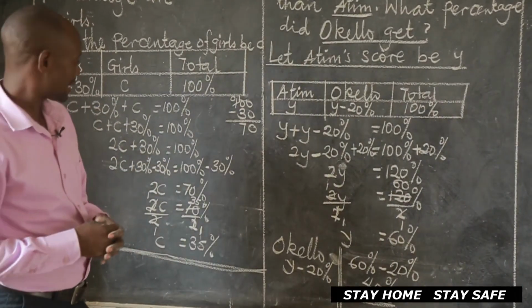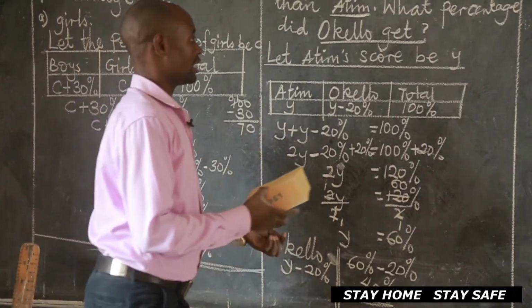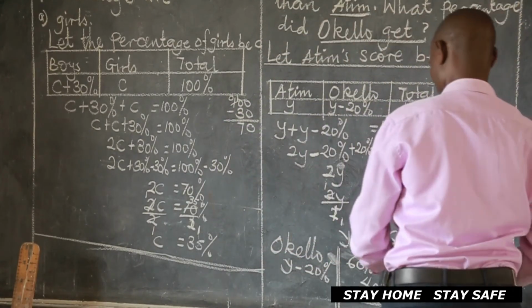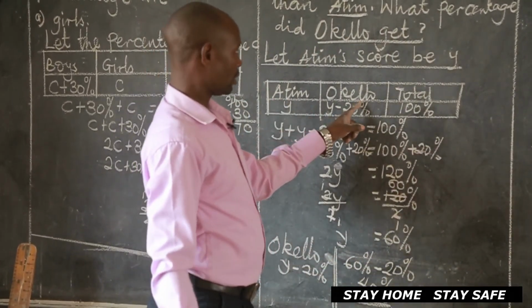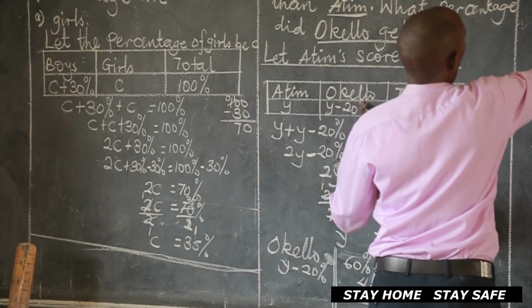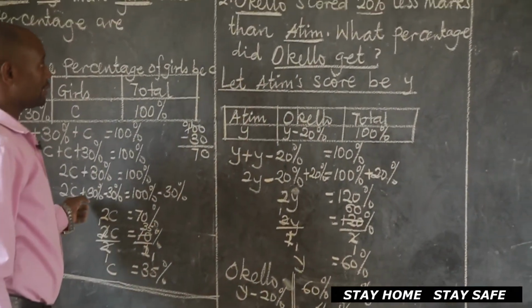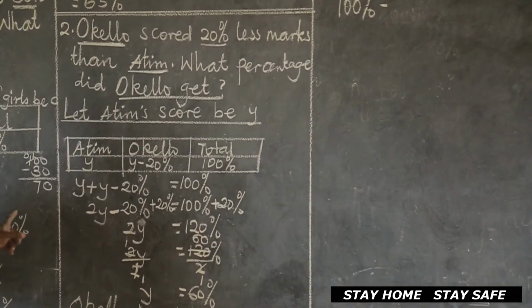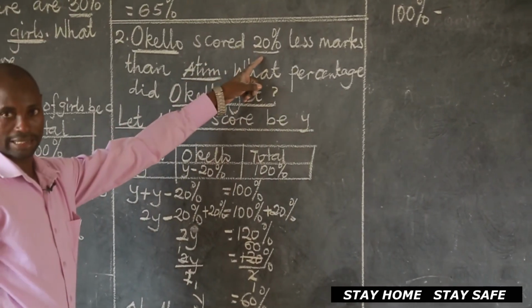Okay? Yes. But there is also a shorter method which I gave you. I hope you still remember that method. For example, if I'm going to apply it here, I told you that a team and Okero have a total of 100%. Then, this time, to get the equal percentage, we first of all remove the 20%.